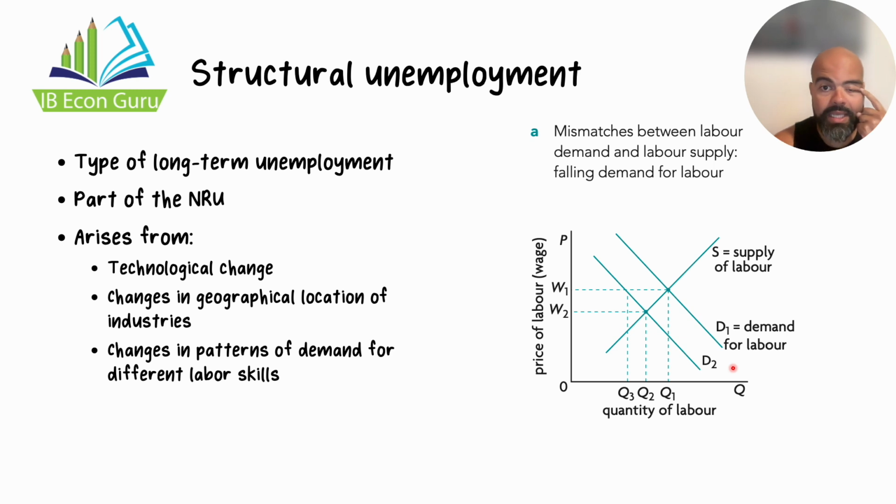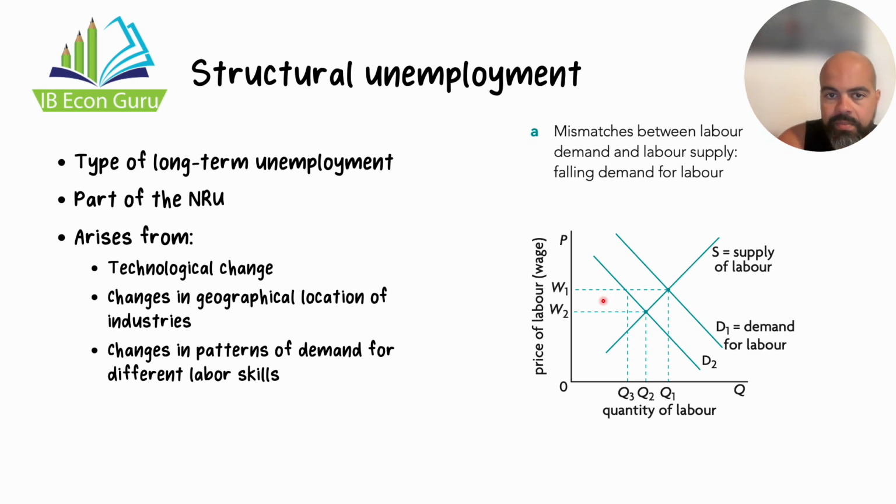So what's happening is the demand for labor in this industry is shifting from D1 to D2, and the quantity of labor used to be Q1. Ideally, if the labor market was allowed to reach a new equilibrium, it would fall to Q2. However, wages are downwardly inflexible.